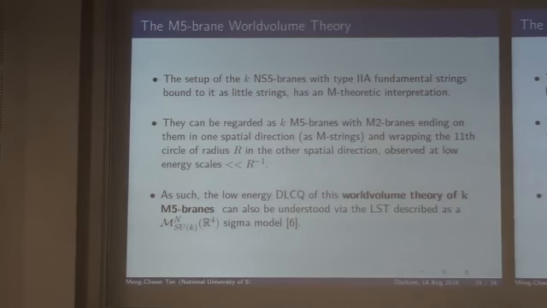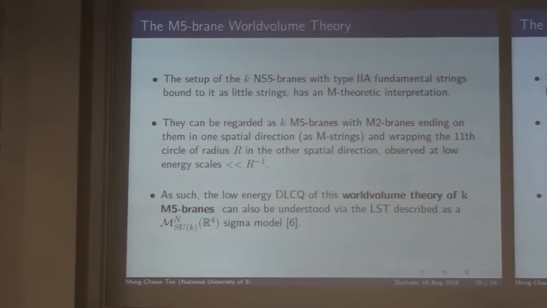So if you look at M5-branes with M2-branes ending on them in one spatial direction as M strings, and wrapping the 11th circle of radius R in the other spatial direction of the M2-brane, and if you look at it at energies that are low enough such that the circle is small, then you actually have this little string description that is in the NS5.